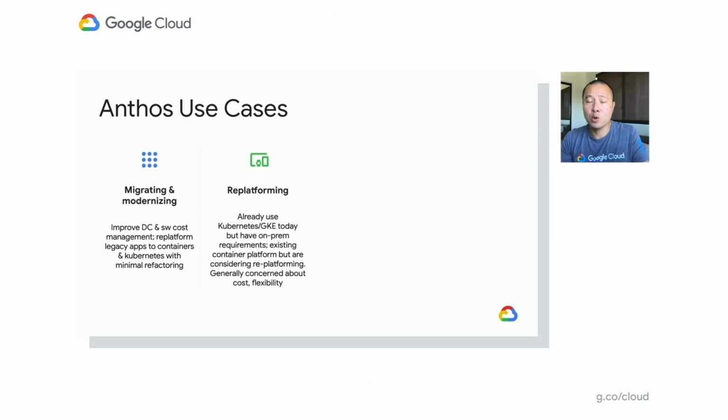We also have customers who are already experts at using containers, Kubernetes, and some of them are already GKE customers. But many of them have also on-premises requirements because they can't move their workloads into cloud today.